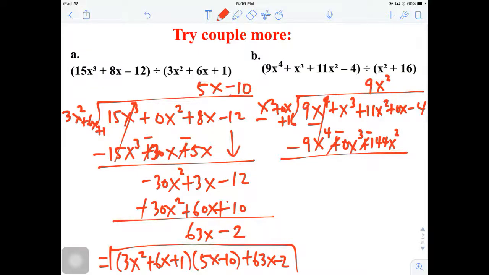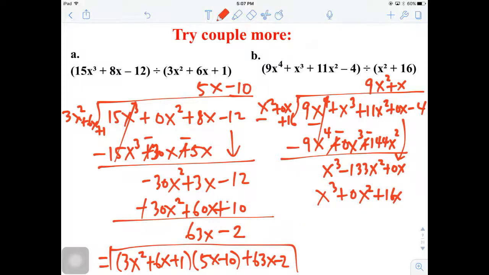So I have actually just 1x cubed minus 133x squared. I'm bringing down the 0x here. And I only need an x, so it's plus x here. I'm going to distribute that x through everything. So I've got x to the third plus 0x squared, and then plus 16x, right?